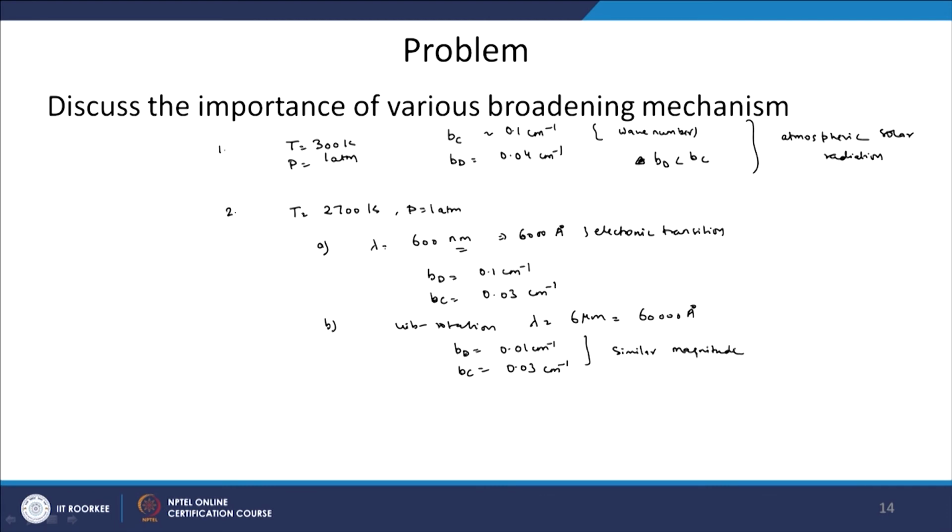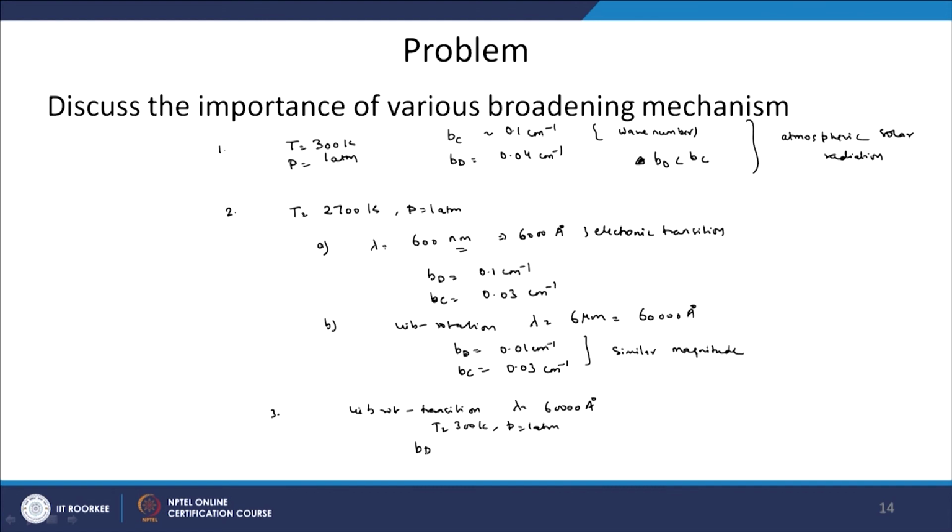And the final example that I will take is vibrational rotational transition at lambda again 60,000 angstrom, that means far infrared. Now, the temperature is 300 Kelvin and pressure is 1 atmosphere. So, that means atmospheric radiation, but far infrared we are considering.